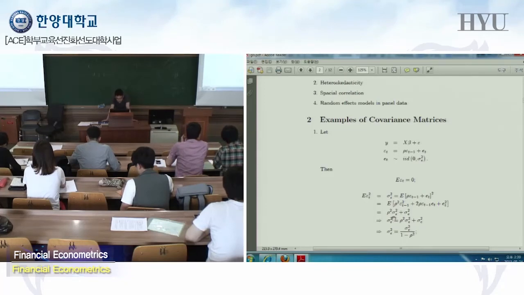So eventually, the expectation of epsilon t squared becomes rho squared sigma epsilon squared plus sigma e squared.